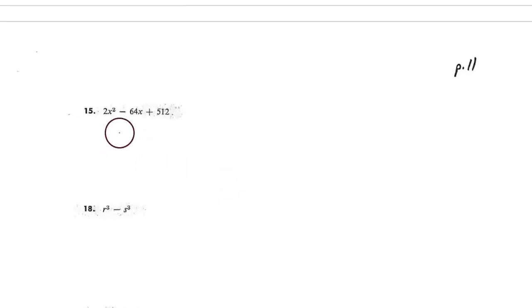Next one, they all divide by 2. Is this trinomial a perfect square trinomial? It is. The square root of x squared is x. The square root of 256 is 16. And because the middle term is negative, this is negative.